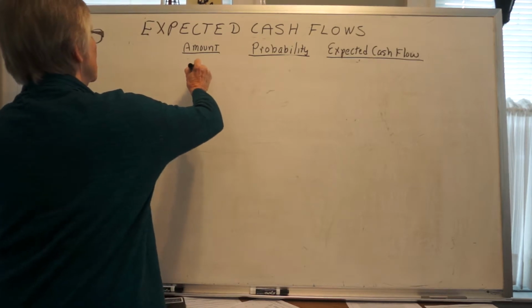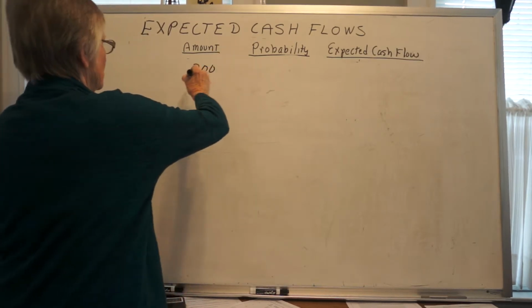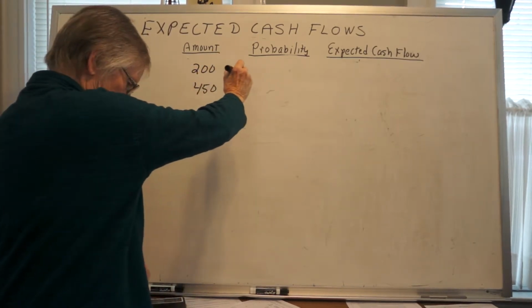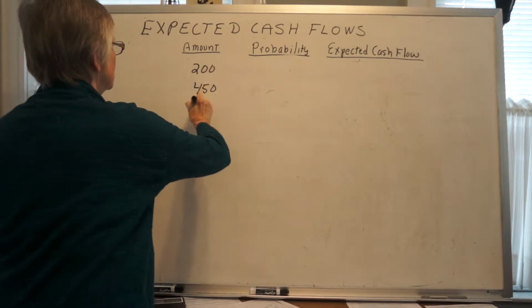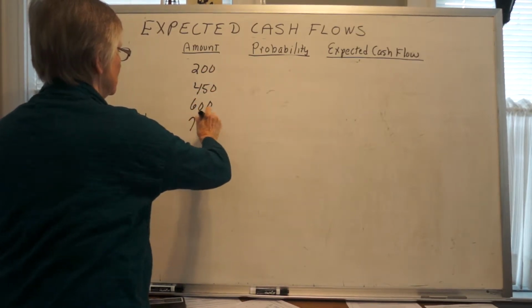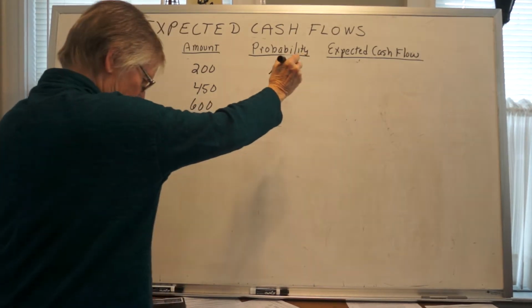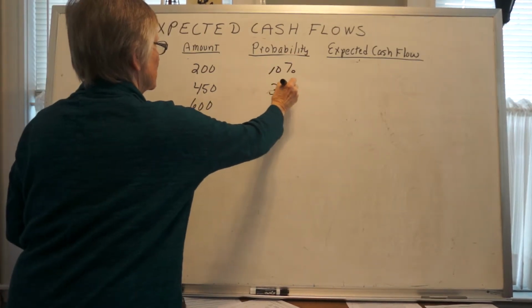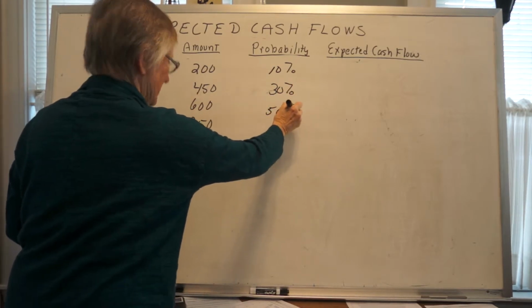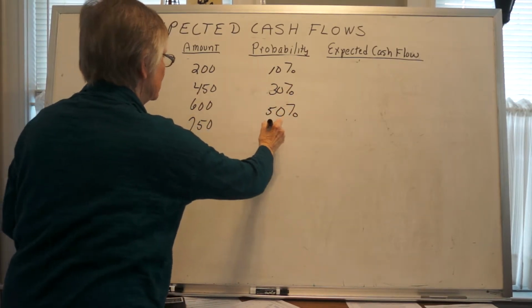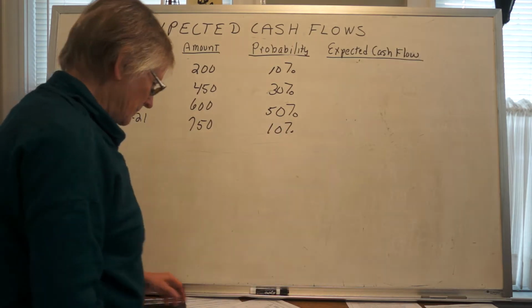It could be 200, it could be 450, it could be 600, or it could be as much as 750. Attach the probability to each one, 10% chance of that, 30% chance of this one, 50% chance here, and 10% chance here.